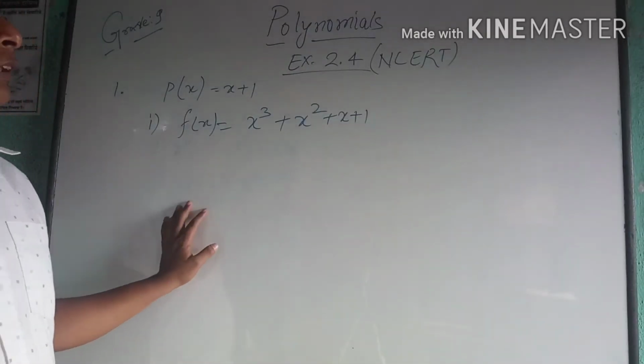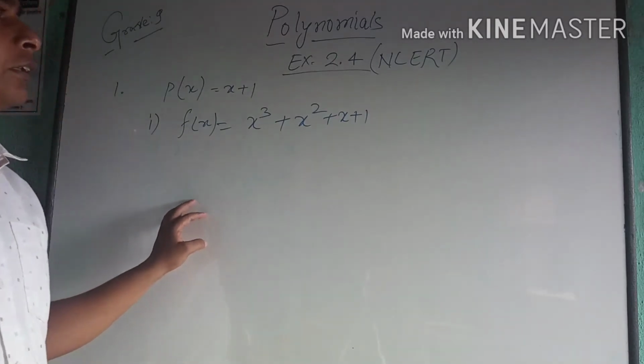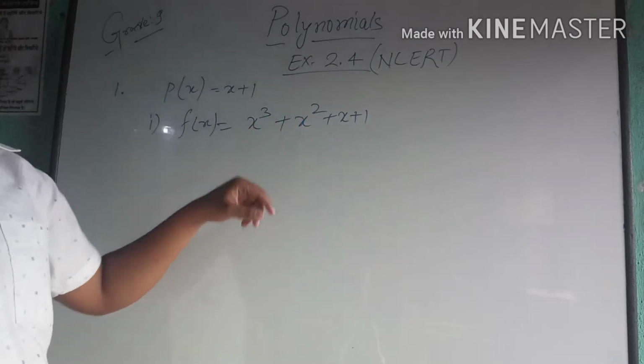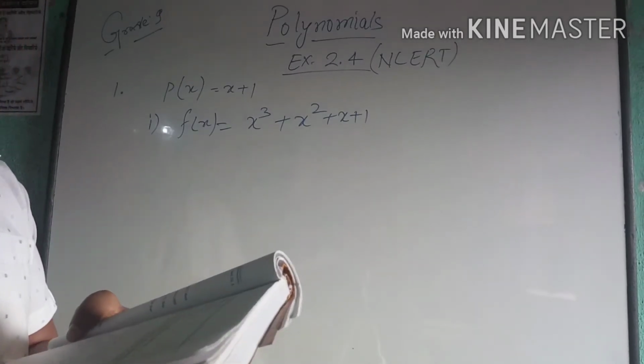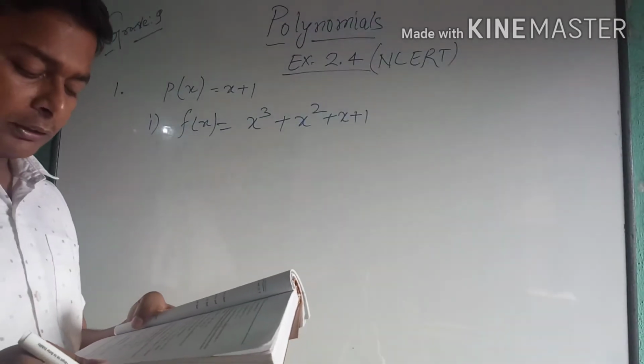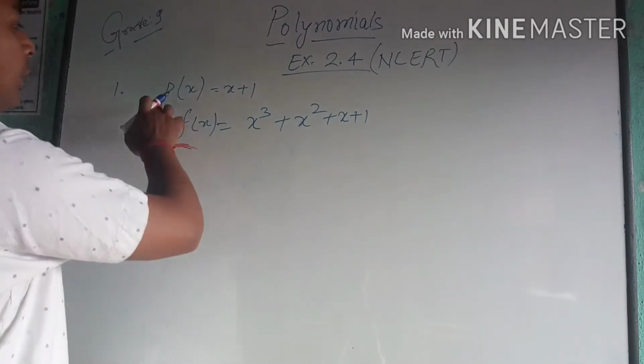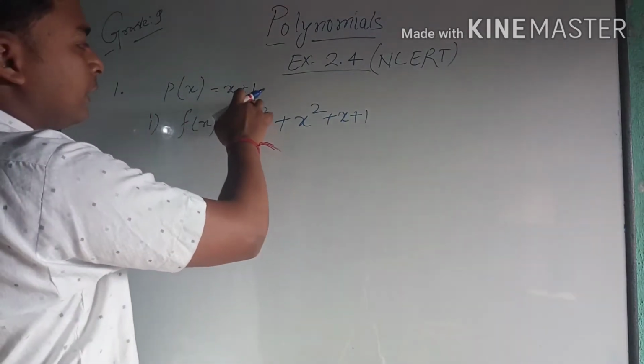Today we will study the chapter Polynomials of grade 9, and we are in the series to cover today's exercise 2.4. Here, question number 1 says: determine which of the following polynomials has x plus 1 as a factor. Here we have written p(x), and x plus 1 is a factor.